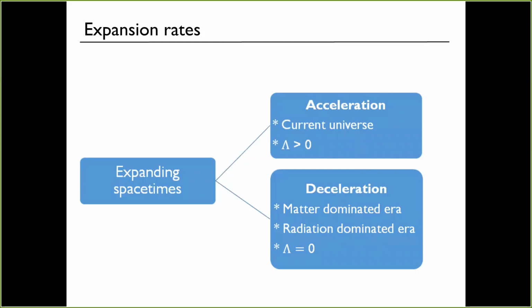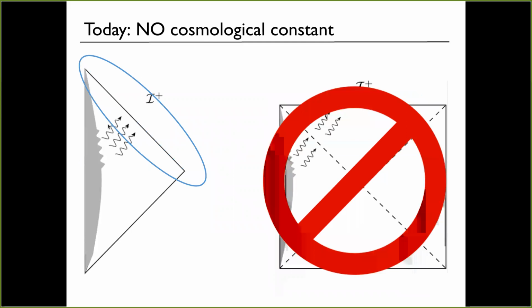So what we're going to look at today is the case with no cosmological constant, the case for which the universe is decelerating, such that in that case the radiation zone, our sky, is still a null surface. I'm leaving aside the case with a cosmological constant where the radiation zone really drastically changes and becomes space-like.